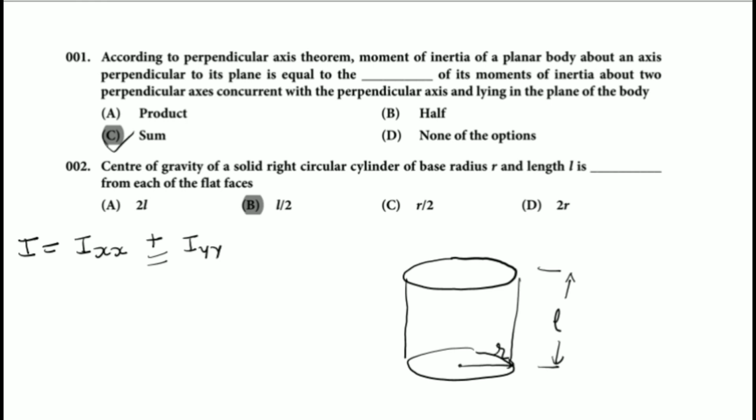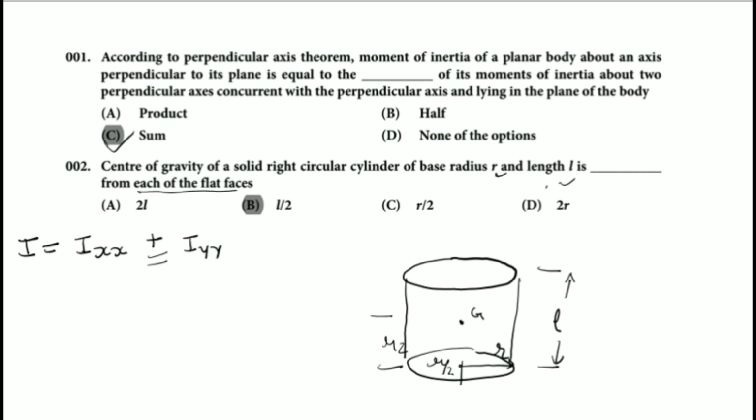So you can assume that the center of gravity should lie at the exact center, right? Now if you want to find the center of gravity in terms of base radius and length L, either you can write it as r by 2 or l by 2, but here what they have asked is the center of gravity from each of the flat faces, right?